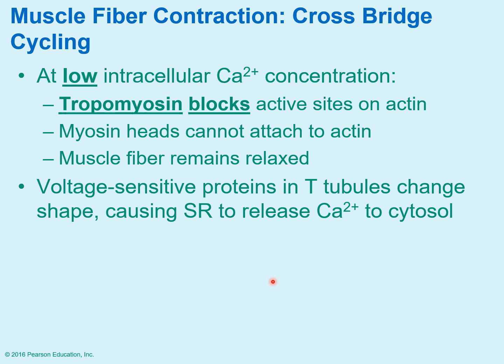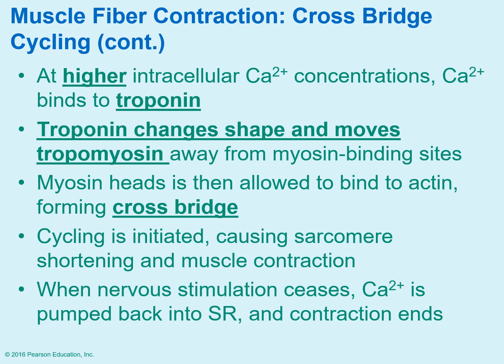So as I was saying, normally tropomyosin is blocking the active site, and calcium is very low. If the active site is blocked, the myosin head cannot attach, and the muscle is nice and relaxed. When calcium levels increase, they will bind to the troponin, change the shape, and move the tropomyosin off those binding sites, allowing the cross-bridging to occur.